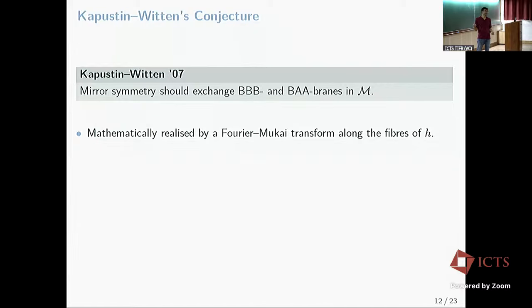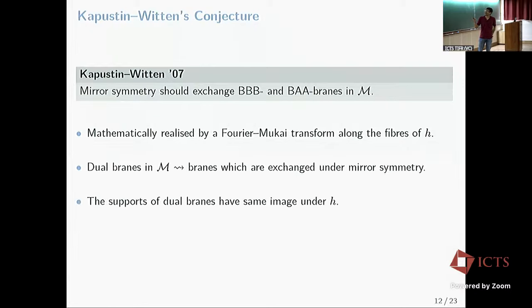Mathematically, this should be realized by a Fourier-Mukai transform along the fibers of the Hitchin map. We'll call dual branes those branes in M which are exchanged under mirror symmetry. And what is known is that the supports of dual branes have the same image under the Hitchin map.